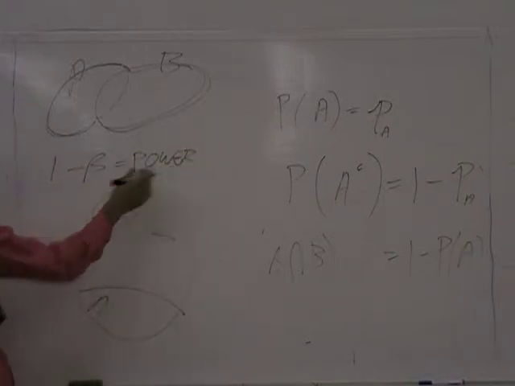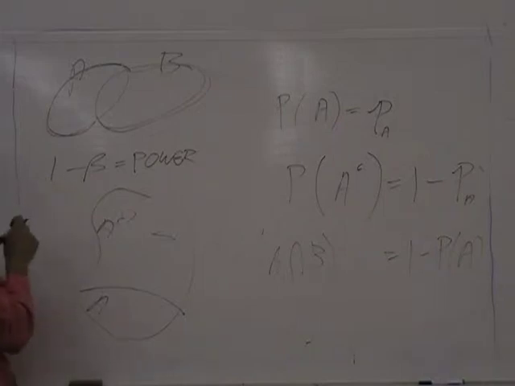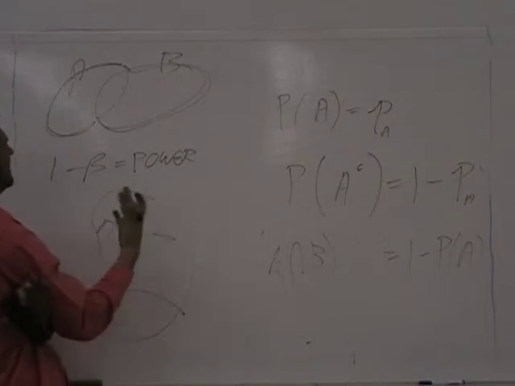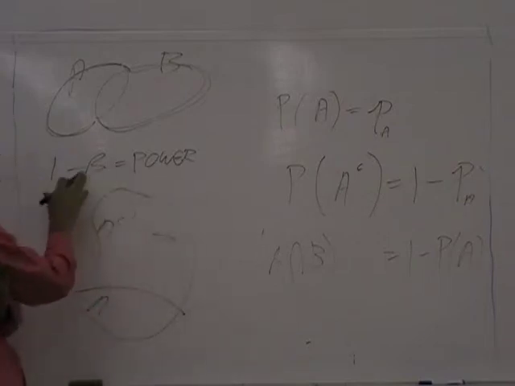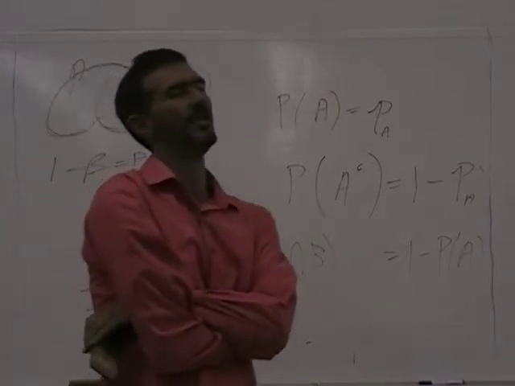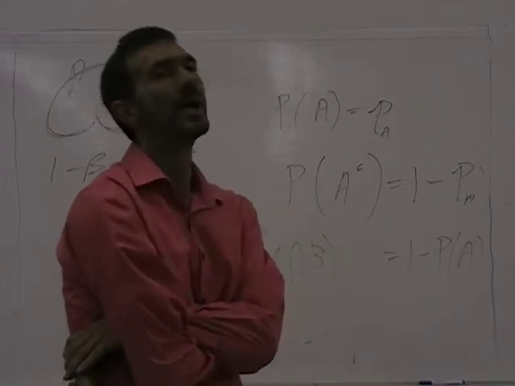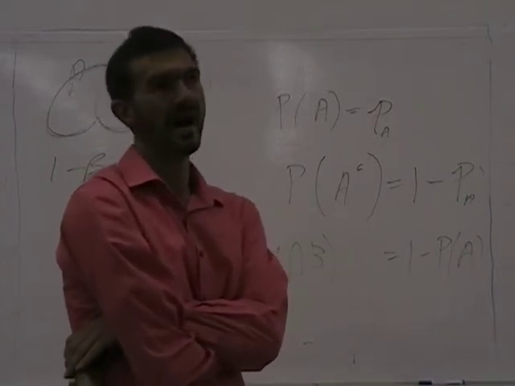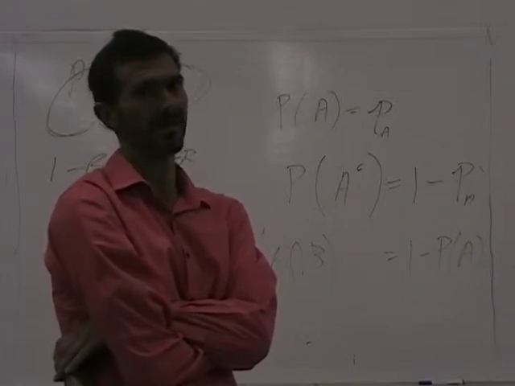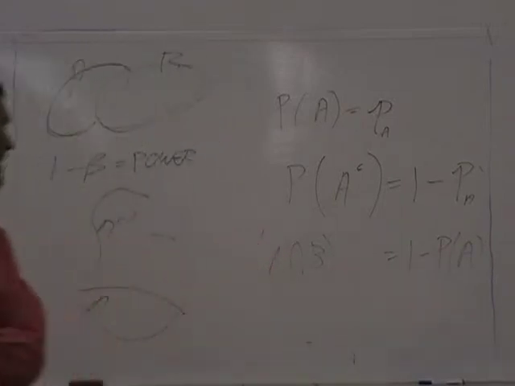The power is the complement of the complementary probability, where beta is the probability of the type 2 error for a specific alternative hypothesis.